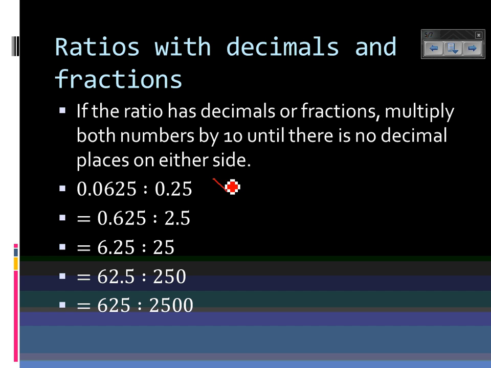All we need to do is just multiply by 10. And we keep going until we get rid of these decimal points. So sometimes you might have to multiply a lot. But remember, when we're multiplying by 10, we're just moving the decimal point, all the way down until we get one that doesn't have decimals in it.